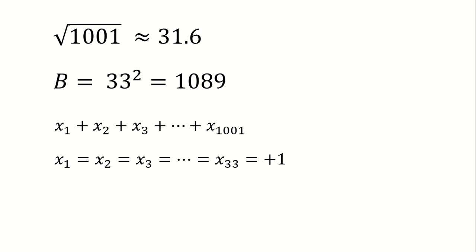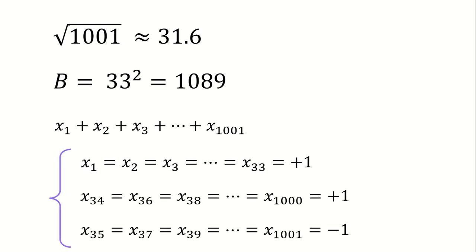So x34 is equal to x36 is equal to x38 and so on until x1000 is equal to positive 1, and x35 is equal to x37 is equal to x39 and so on until x1001 is equal to minus 1. So by doing this, these terms cancel each other and the remaining terms make the 33 that we need.